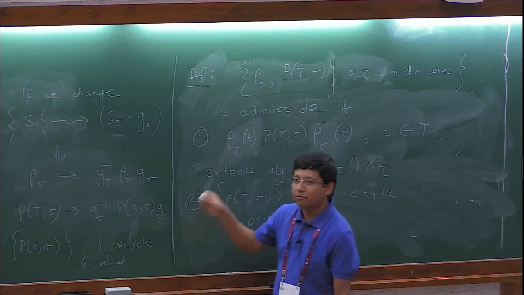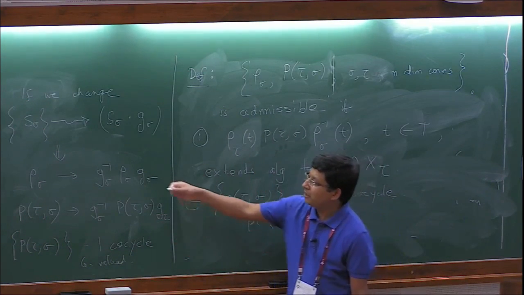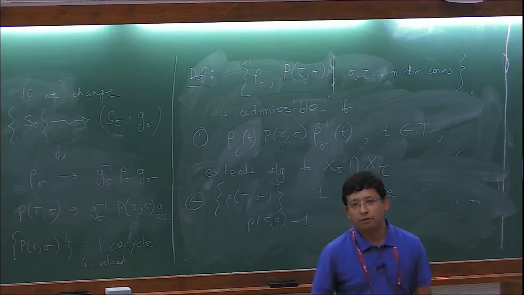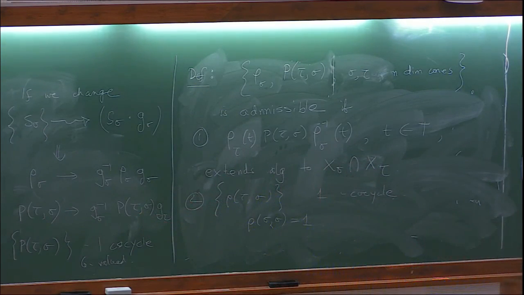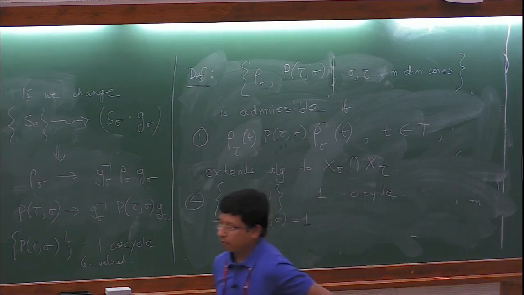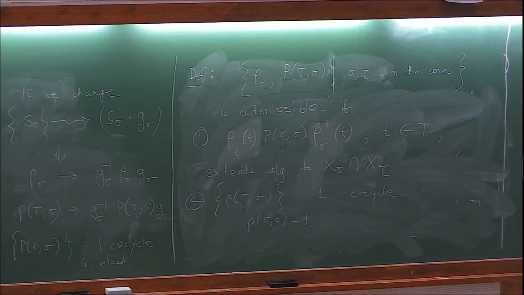So you look at admissible collections, this defines an equivalence relation, and those equivalence classes give you isomorphism classes of gamma equivariant principal bundles on the toric variety.